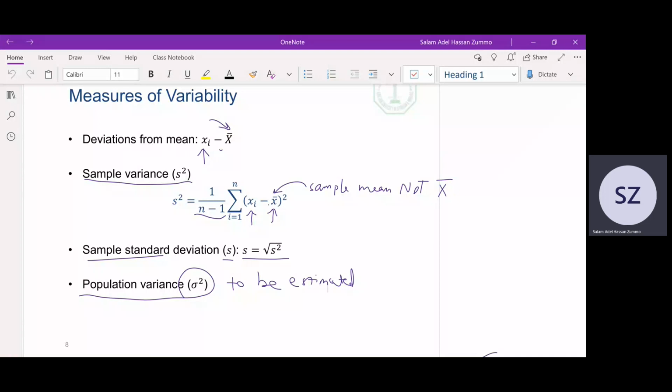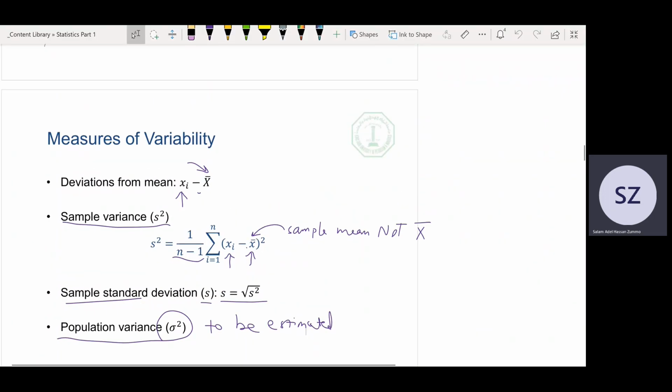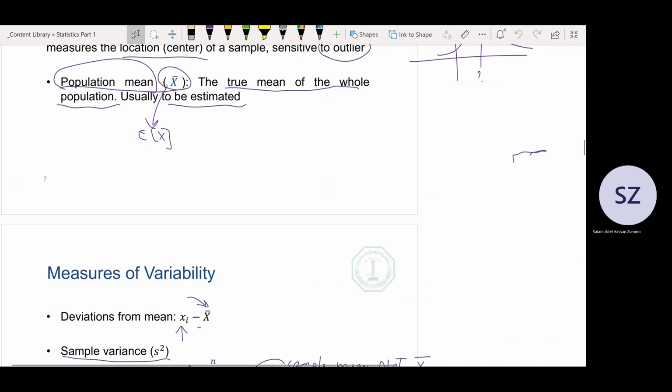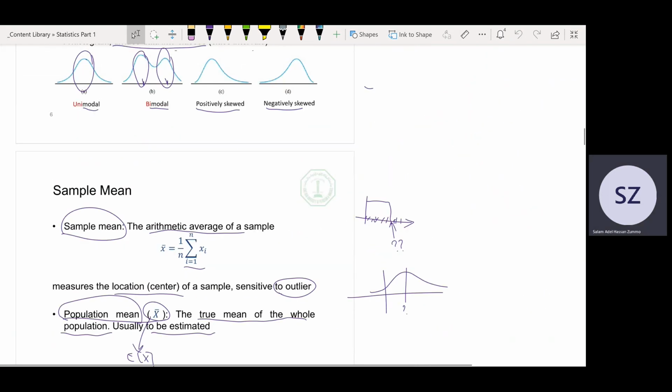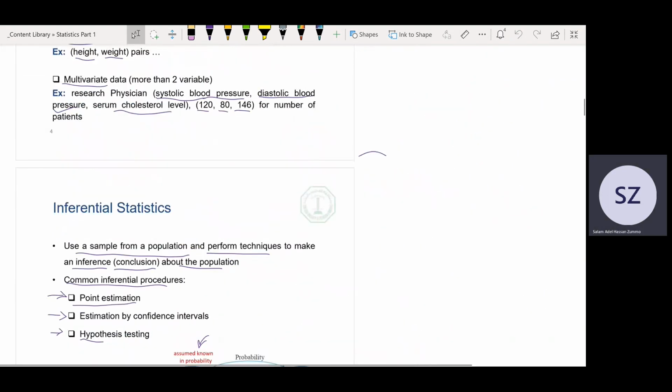Yeah. So last time we started talking about the statistics part. We are done with the probability part. We started talking about the population.